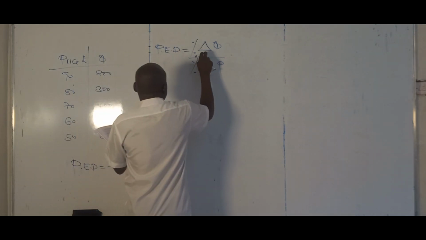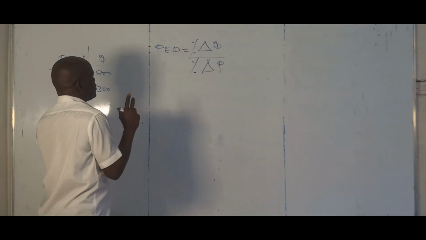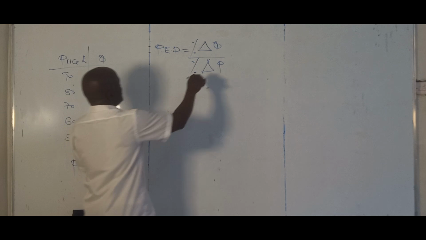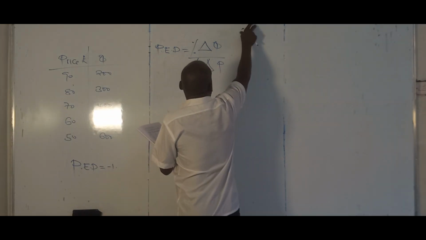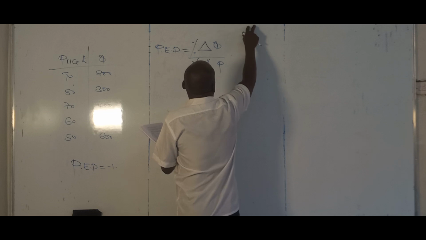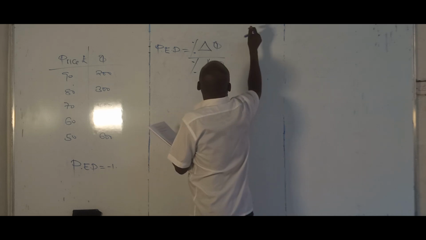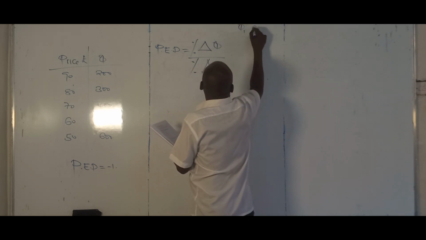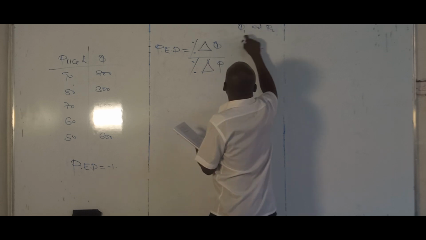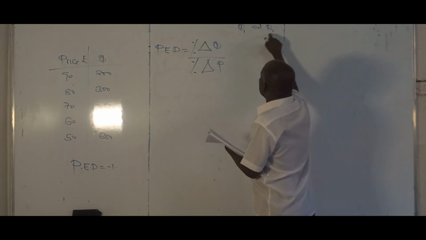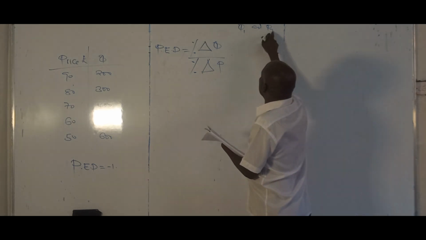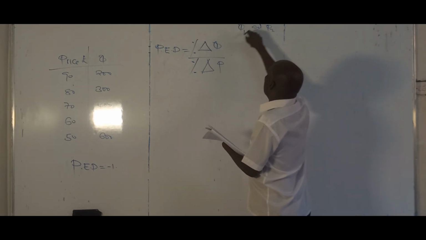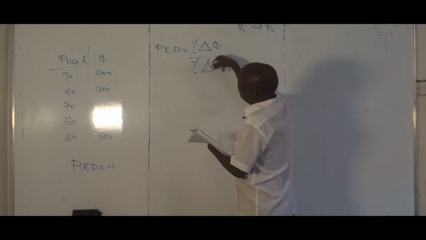But when we say percentage change, it means if we have Q1 and Q2, where Q1 is the base, then percentage change here will of course be Q2 minus Q1 over Q1 times 100. So that's what this is.